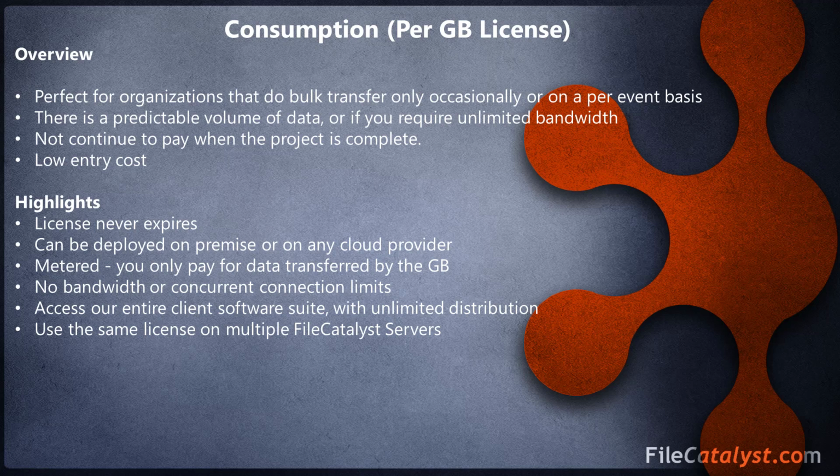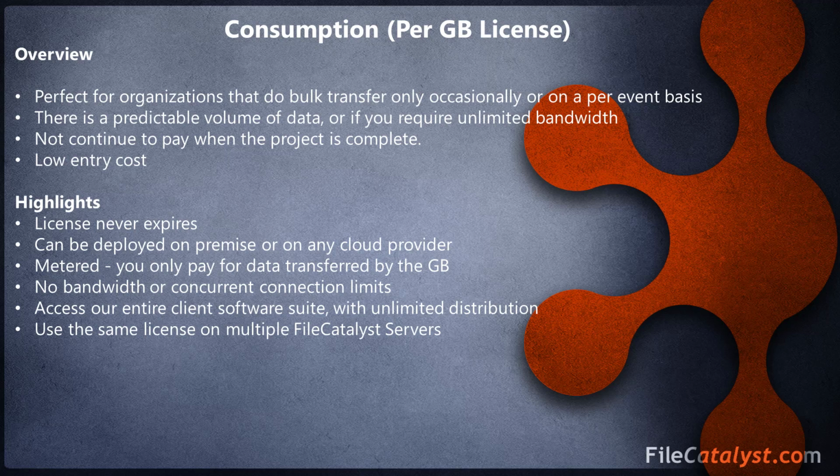The other option is consumption. This is for if you have a specific project. Let's say you have to migrate data from site A to site B, and you know that there's 1 terabyte of data, and you're going to need that for a month to migrate the data. You can then go on a consumption basis. There's no upfront cost. Basically, you get everything for free, and then you get a metered license, and the cost starts at 35 cents per gig and drops as you transfer more data.